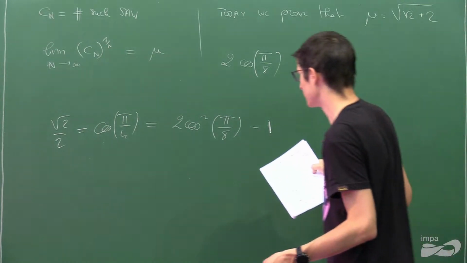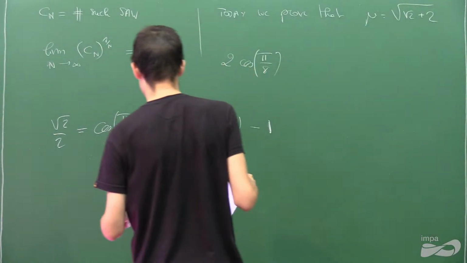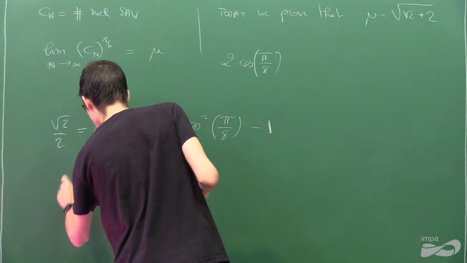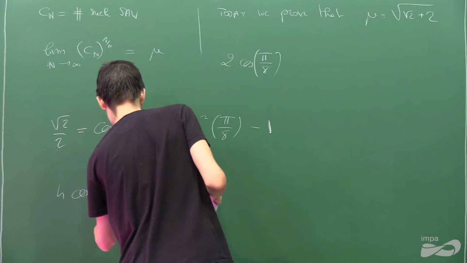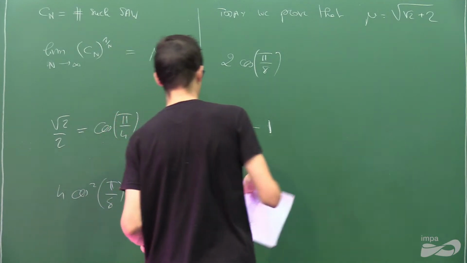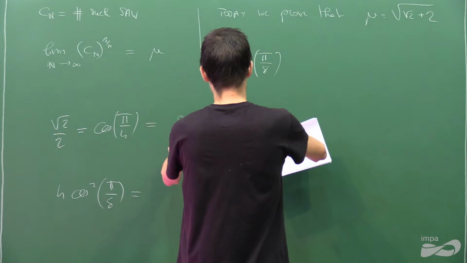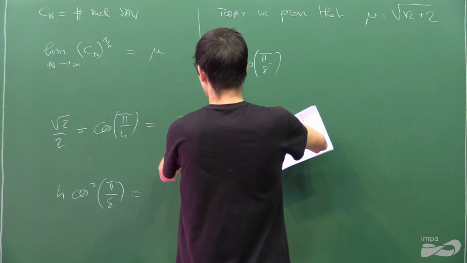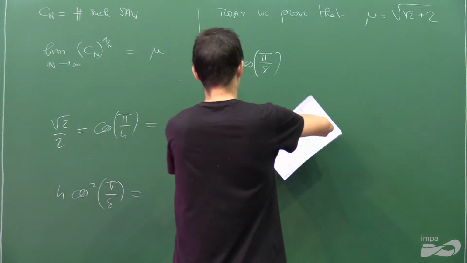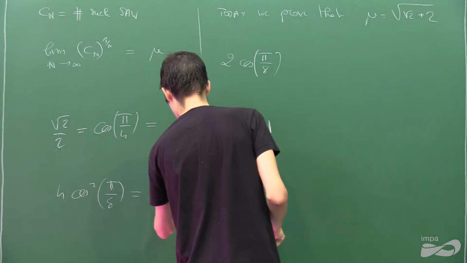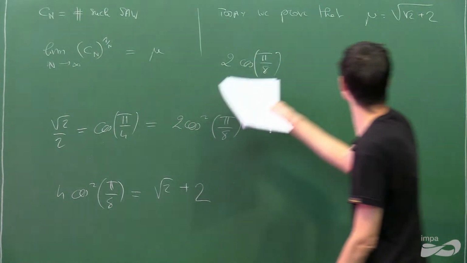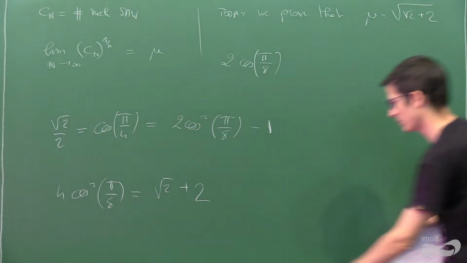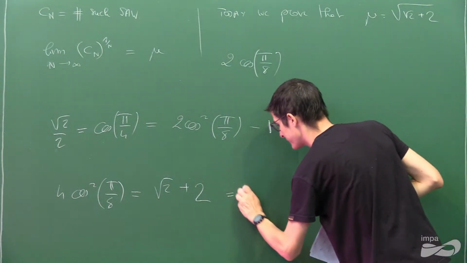Okay, so what you get out of this is that 4 cos square pi over 8 is equal to, okay, so you just multiply this by 2. So you get square root of 2, and here you have minus 2. So you get, this is equal to mu square.